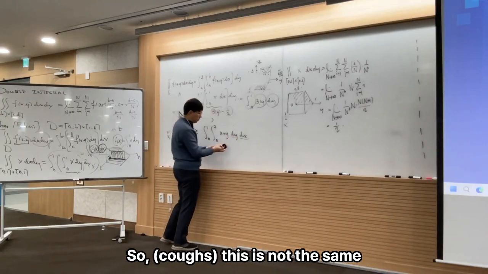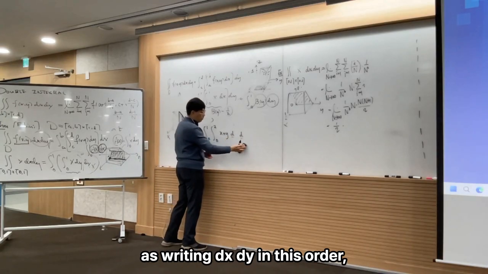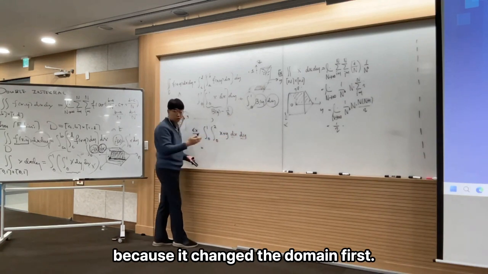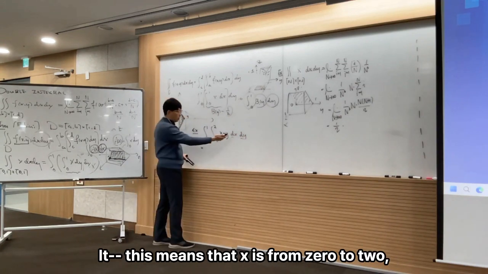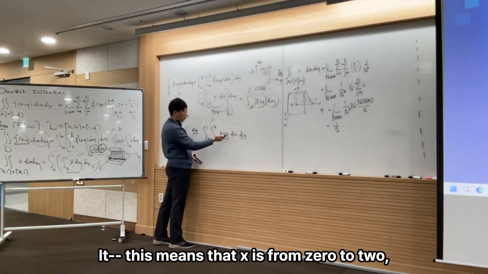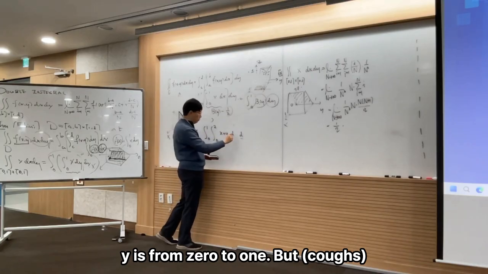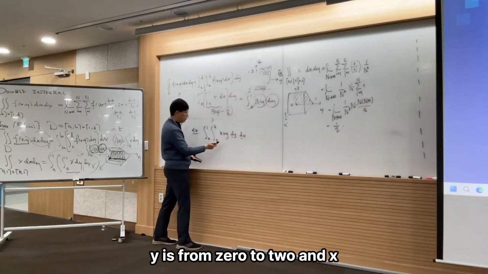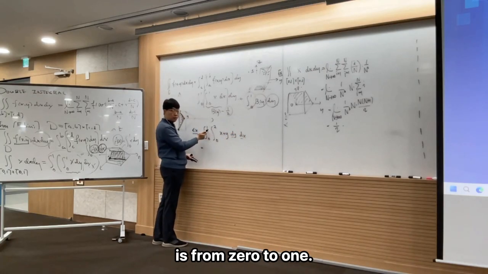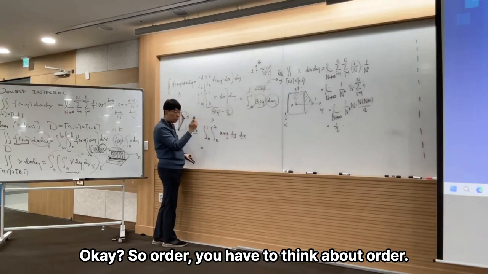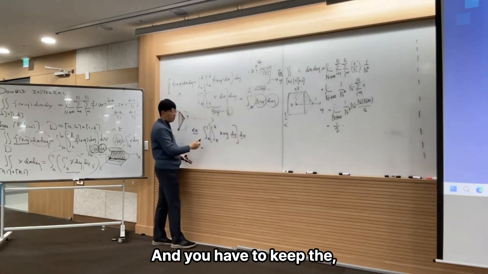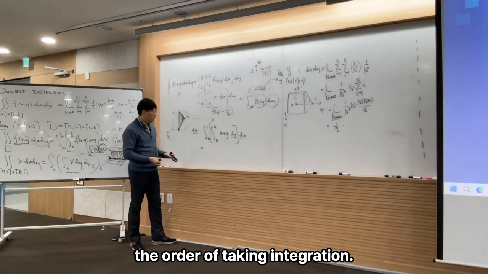So this is not the same as writing dx dy in this order, because it changes the domain. This means x is from 0 to 2, y is from 0 to 1. But if you write it the other way, y is from 0 to 2, and x is from 0 to 1. So you have to think about the order, and keep the order of taking the integration.